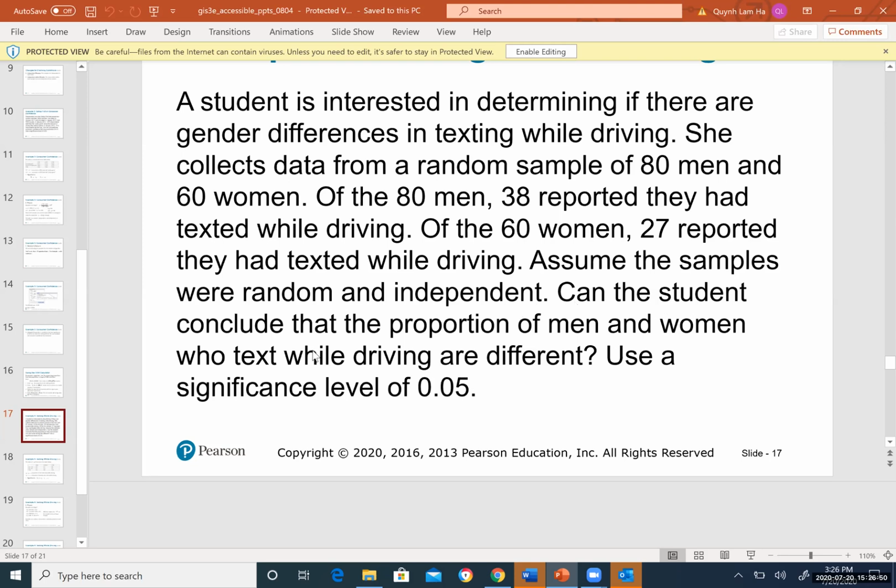Can the student conclude that the proportion of men and women who text while driving are different? Here the keyword to me is "not equal to," so it will be a two-tailed test. And they want us to use a level of significance of 0.05.